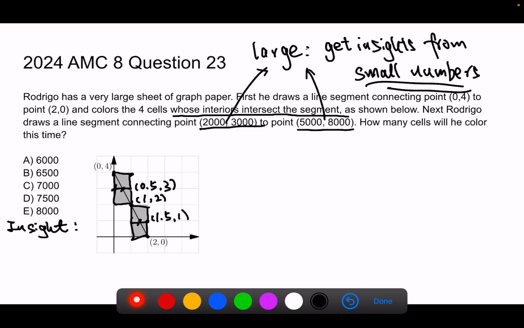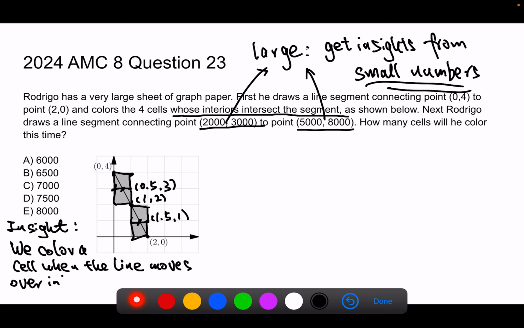How do you get a cell colored? Coming back to this picture, when we draw the picture, when we really touch each cell, the insight I get is we color a cell when the line moves over an integer x or y.